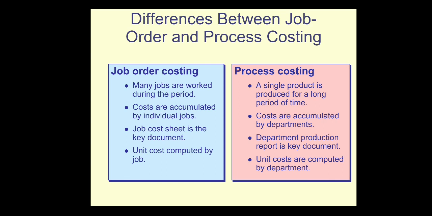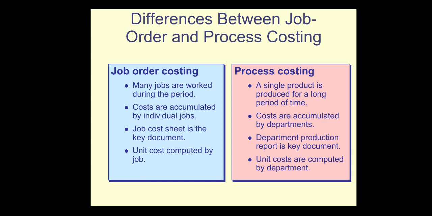But for a business that uses process costing, costs are accumulated by departments. Most businesses that use process costing produce their product in a factory. In a factory, there are many departments: bottling department, mixing department, labeling department, packaging department.